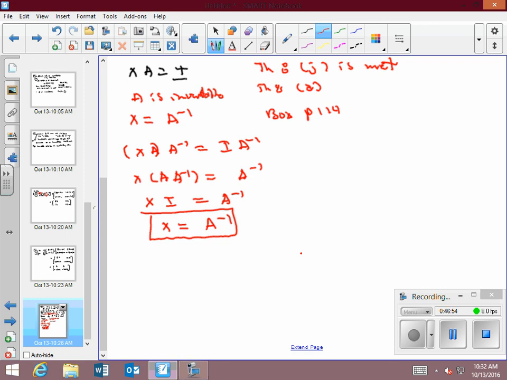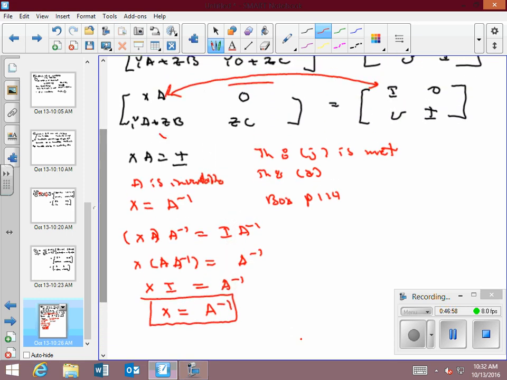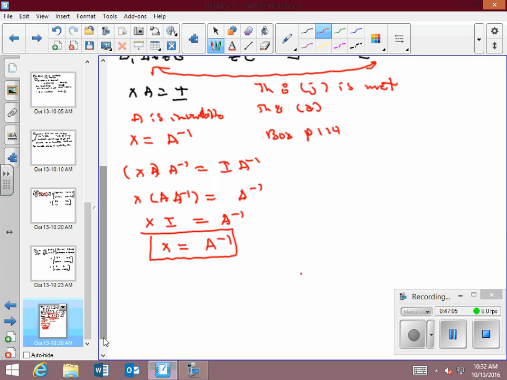Now, if we look at this thing right here, it's showing that YA plus ZB equals 0. And then we can subtract things from both sides. So YA equals a negative ZB.